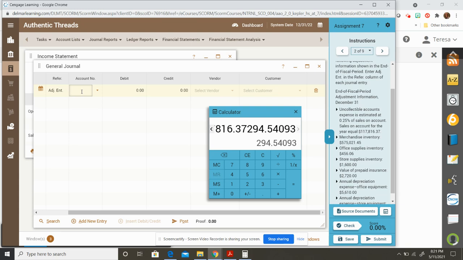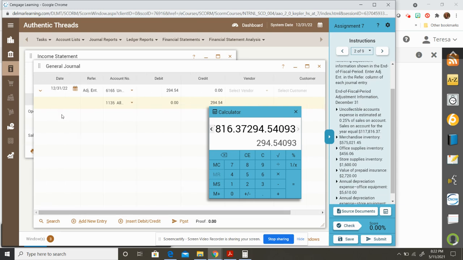This one is going to be uncollectible accounts expense for $294.54, and our credit is going to be allowance for uncollectible accounts, $294.54. That is the first transaction.